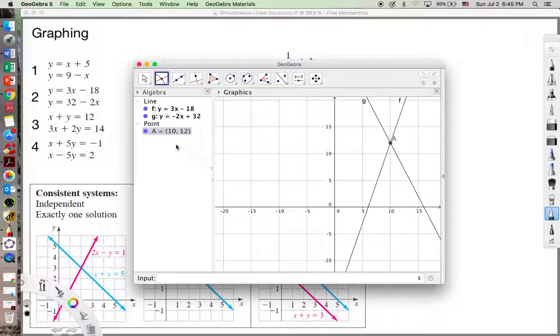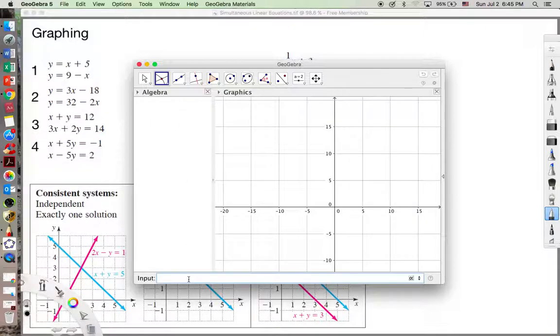We've got (10, 12). So our x component is 10, our y component is, sorry, 12. And so we get 12 is equal to 3 times 10, or 30, minus 18, that's correct. And 12 is equal to 32 minus 20, which is correct. Okay, so again, pretty simple way of solving.